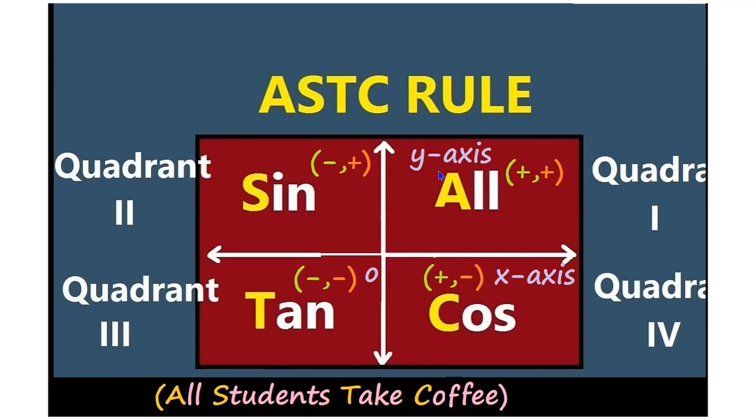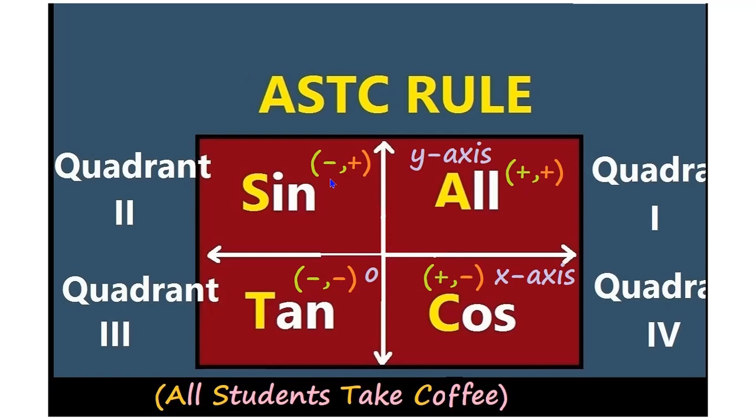If you come to the second quadrant, the angle is more than 90 degrees and less than 180 degrees, so the point will be in the second quadrant. There, x coordinate is negative and y coordinate is positive. Sin x is the y coordinate of the point, which is positive, and cos x is the x coordinate, which is negative. What about tan?